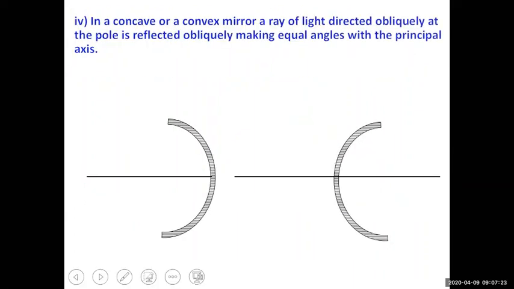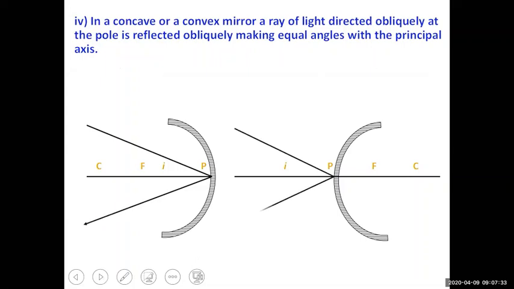And the last one, when it comes to pole, okay, these are 4 rules we are using for mirror. Okay, so this is the end of rules now. We are coming to the image formation.